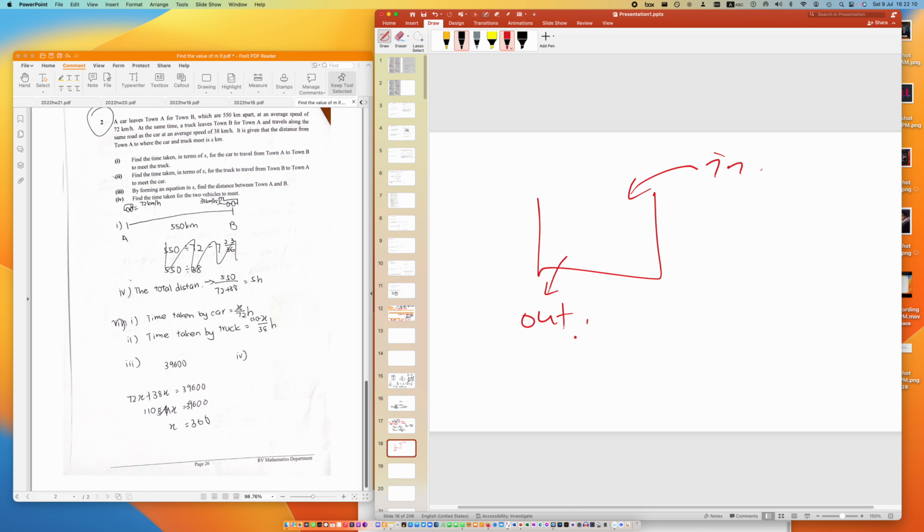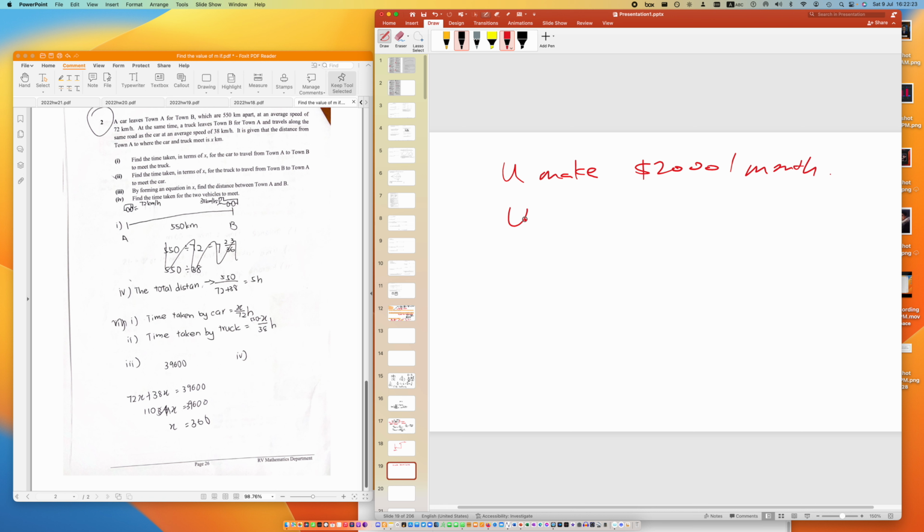It can be seen like this: let's say you make $2,000 a month. You spend $2,001 a month. Do you think this kind of scenario is sustainable? You spend more than you make, so every month you lose $1. Every month you overspend by $1.